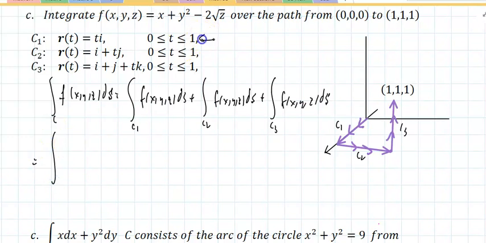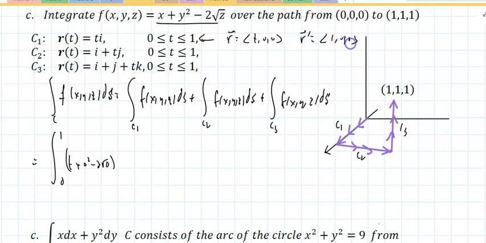The first piece, that is 0 to 1 of what? Again, this is the function. So here I noticed that r is actually t, 0, 0. So t plus 0 squared minus 2 radical 0. And what's the derivative of that? R prime is 1, 0, 0. So the length of that is 1 dt plus the integral from 0 to 1.